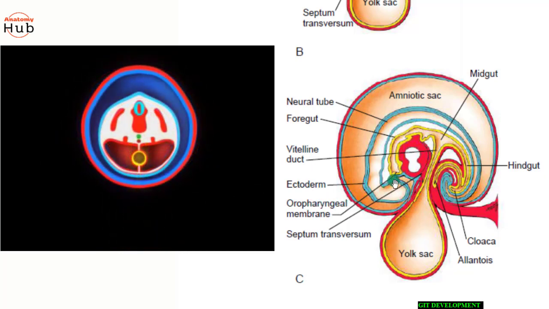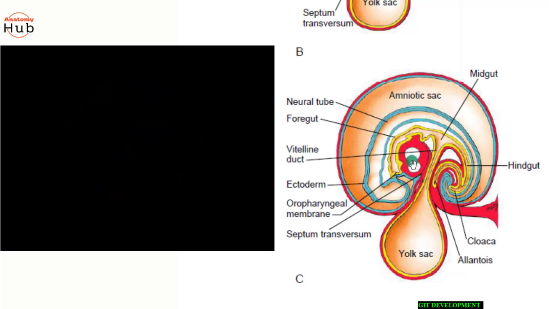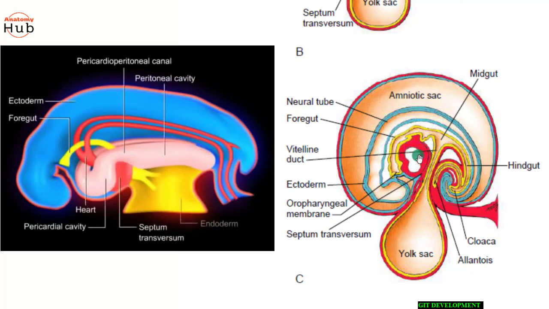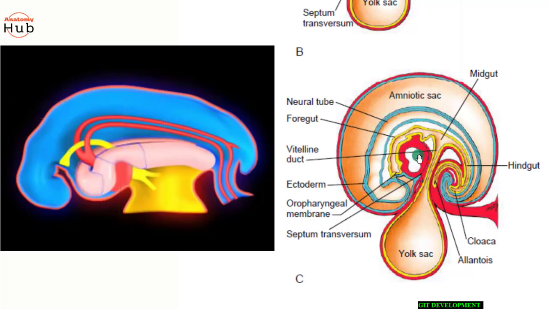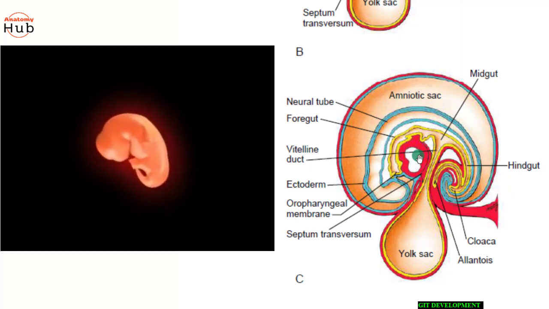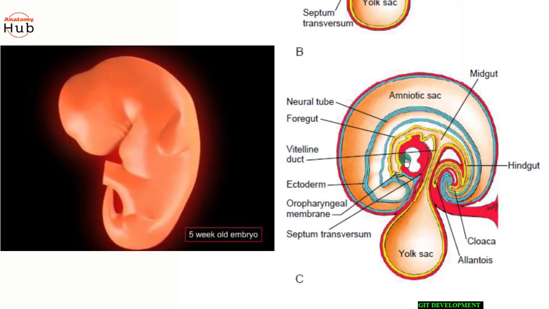Cranial to the oropharyngeal membrane, a second important structure has begun to appear at this time, that is the horseshoe-shaped cardiogenic area, which will give rise to the heart. That I have already covered in my video. Please go to this play button and you can watch that video on how the heart develops.